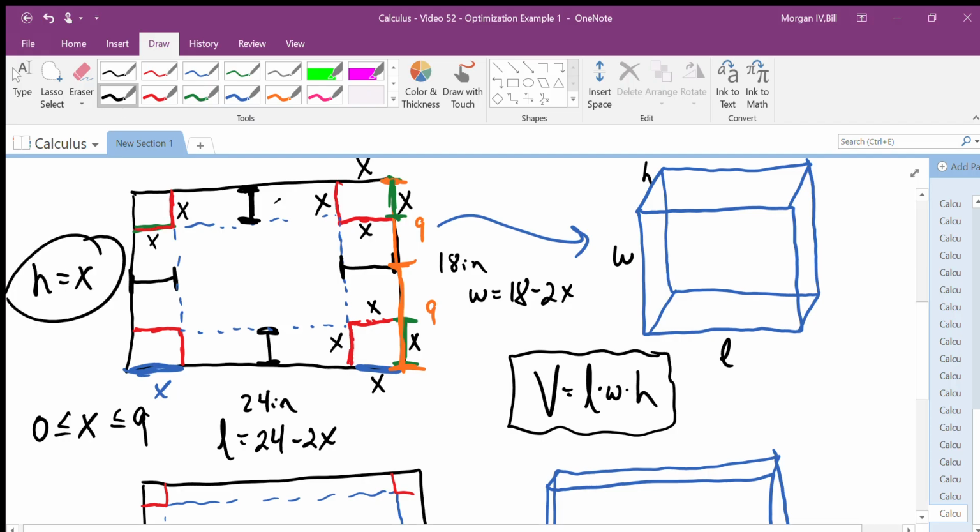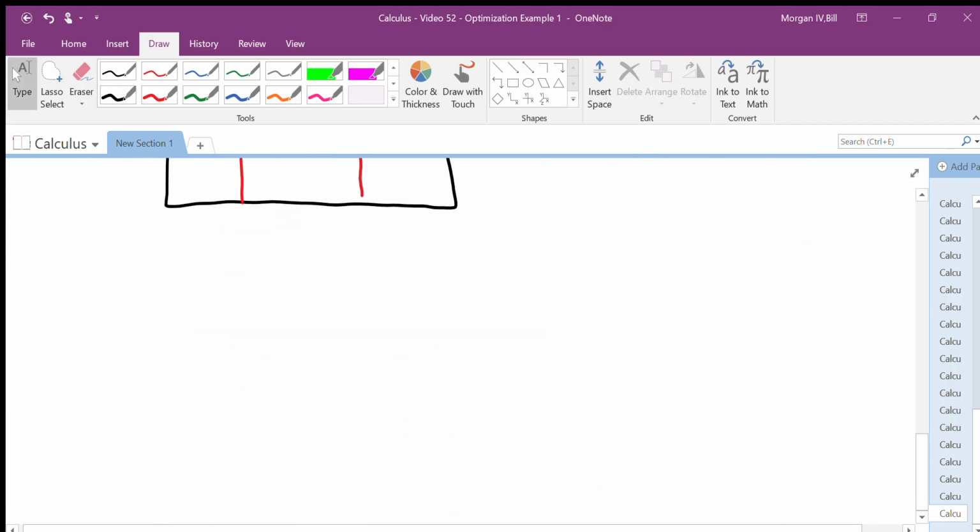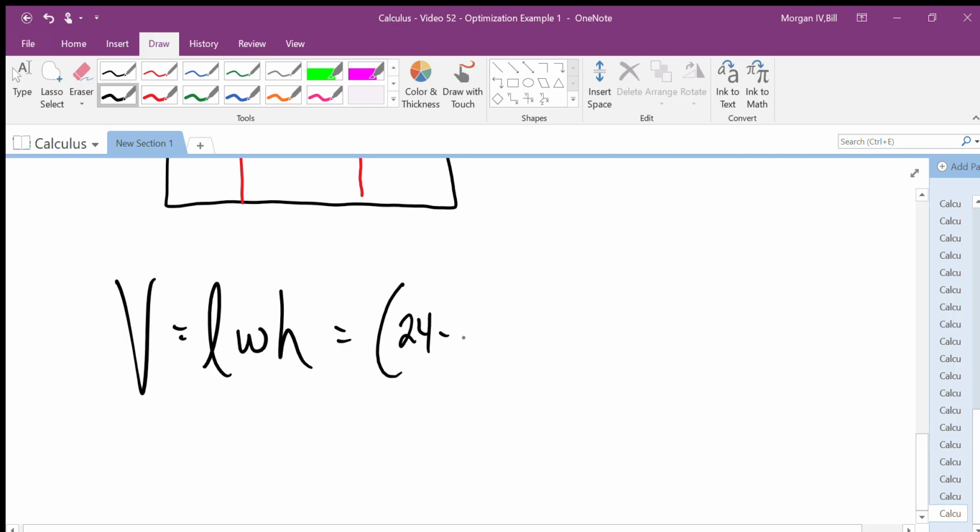So we're going to use these and replace all those in that volume equation so that everything is in terms of x. It's going to look something like this. Volume is length times width times height. The length was 24 minus 2x, the width was 18 minus 2x, and the height is x.